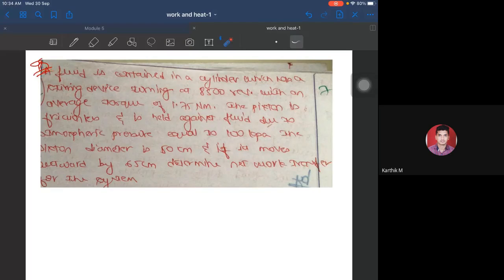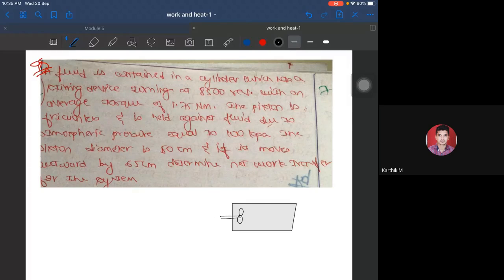Coming to this problem, the fluid is contained in a cylinder which has a stirring device turning at 850 RPM. So there is a cylinder like this. Just draw a box. In this cylinder there is a stirring device, a device which is used to stir it.